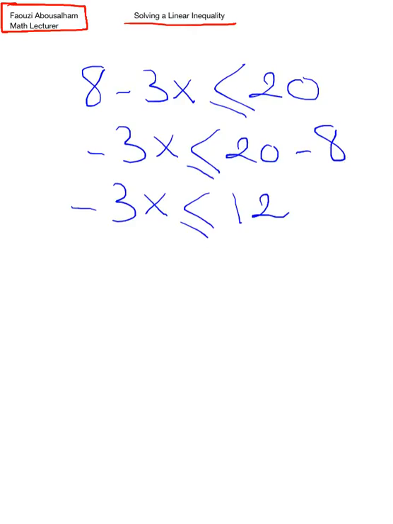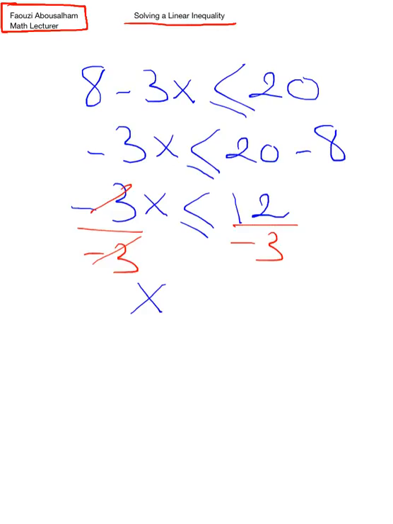Now I need to cancel negative 3. So in order to do this, I need to divide by negative 3 on both sides. So we get negative 3 over negative 3, and we have x. When we divide by a negative number, we change the inequality.